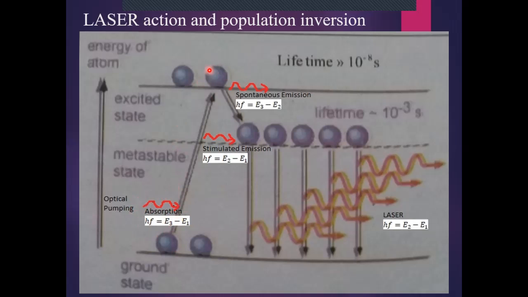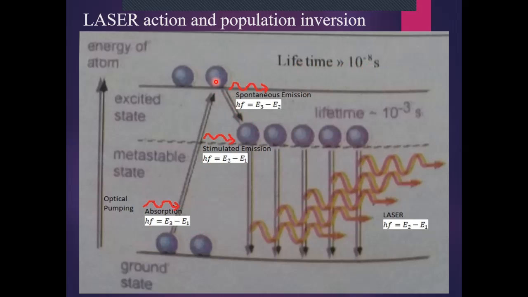Then in this excited state E3, the lifetime of an atom is 10 raised to the minus 8 seconds. After this time, the electron will jump back either to its ground state or to the metastable state or lower energy state.